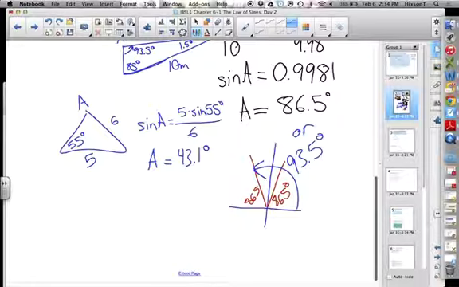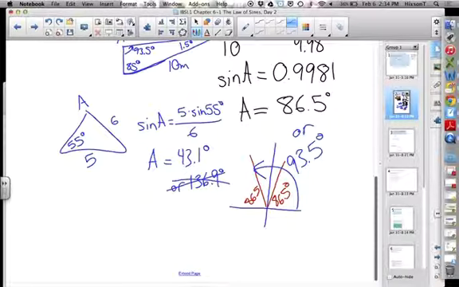So, here's the thing. Technically, sine is positive in the first and second quadrant, so it's either 43.1 or it's 136.9. Now, this is not the longest side, is it? This is the shorter side. So I can automatically eliminate the obtuse angle. I know that's not possible, because 5 is shorter than 6, so I know this won't be obtuse.